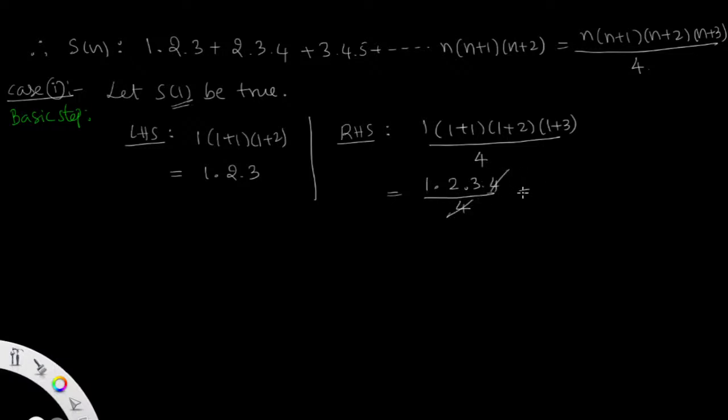The 4 cancels, then you get 1 into 2 into 3. Therefore both LHS and RHS are equal, so the given series S of 1 is true, because both have the same values. So the statement is true for S of 1.